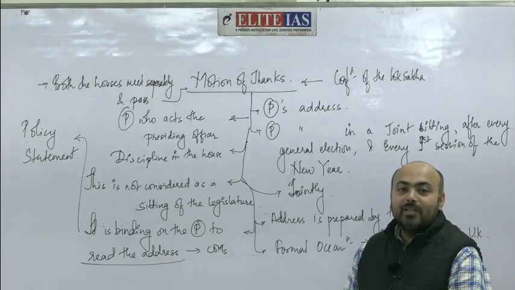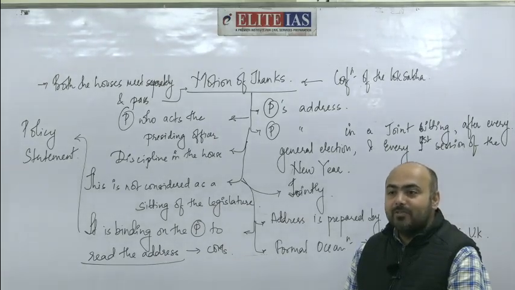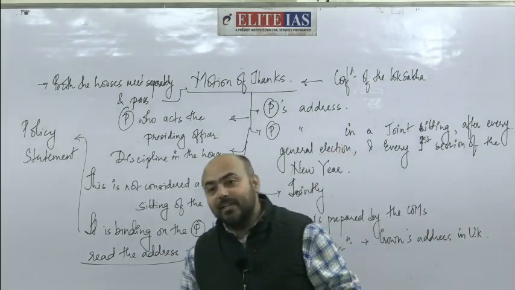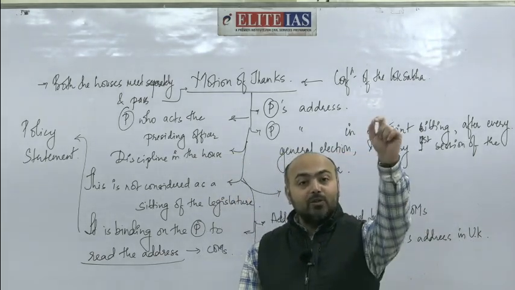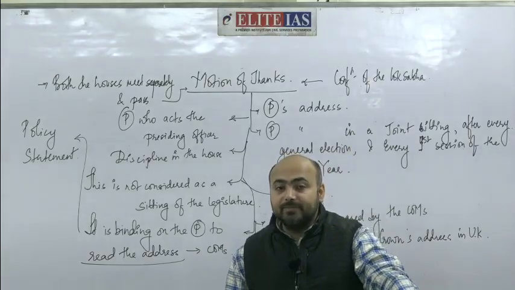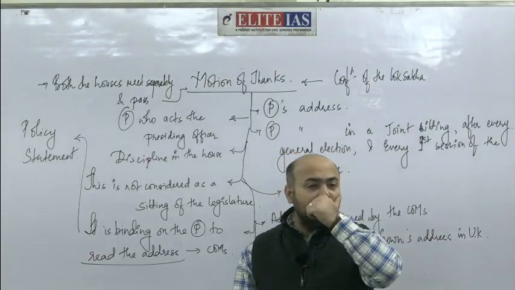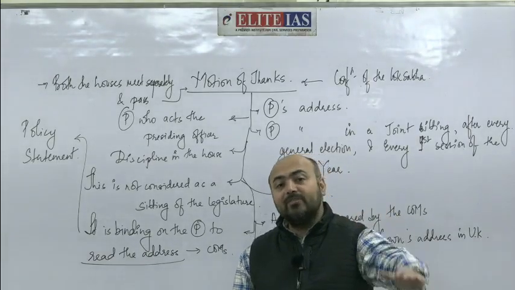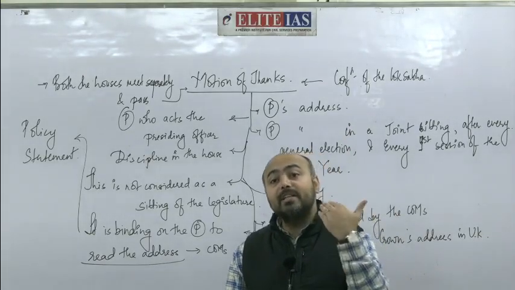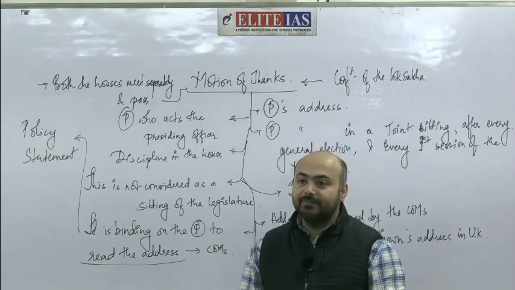The resignation does not count. Why? Because resignation is to the presiding officer. If you resign to the presiding officer, only then your resignation is accepted. Recently, Mayawati had resigned from Rajya Sabha. She had submitted her resignation to the presiding officer. Clear? Next.